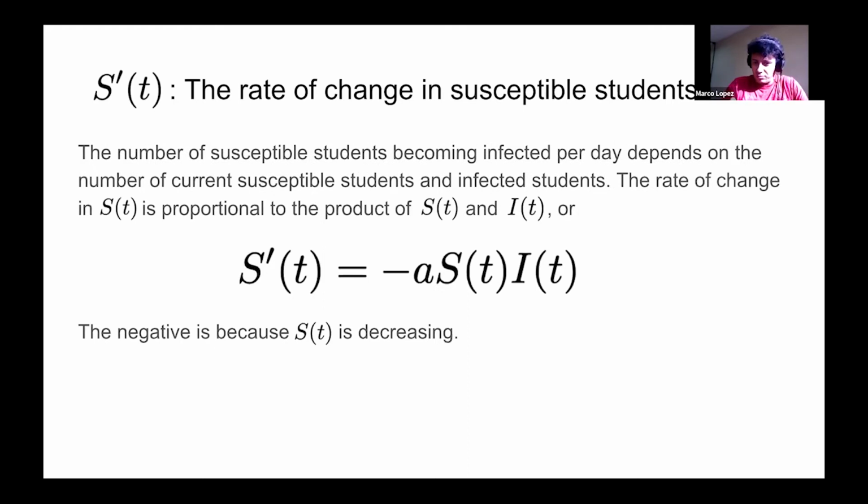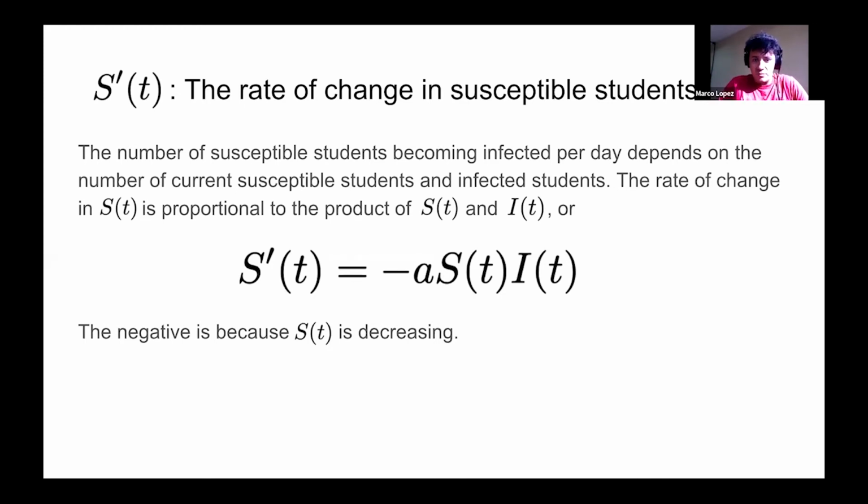So for example, as I mentioned, it should make sense more or less that S prime should increase if S is large or if I is large. Of course, there are many reasonable equations that one might propose that adhere to these dynamics, but maybe one of the simplest is simply saying S prime is proportional to the product of both S and I, right?